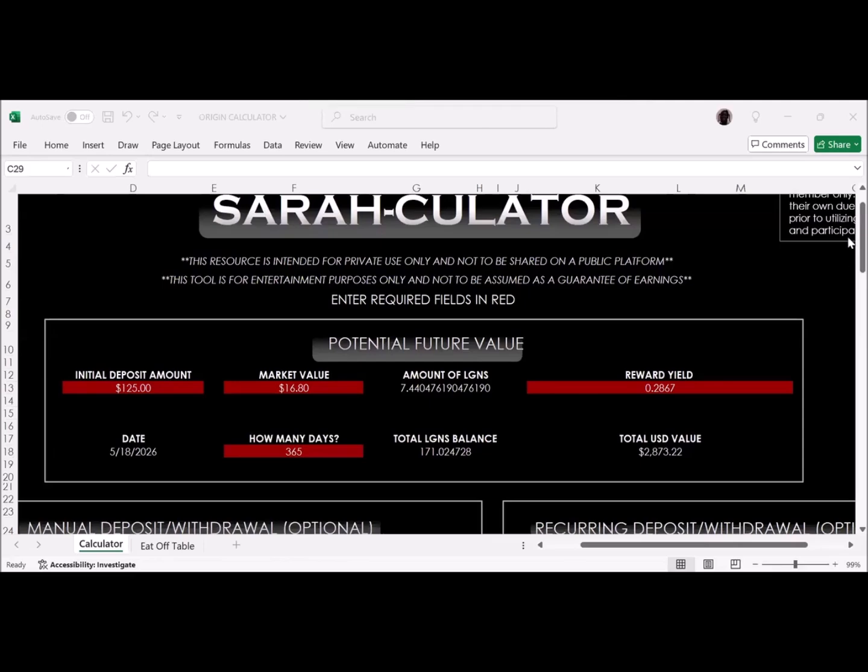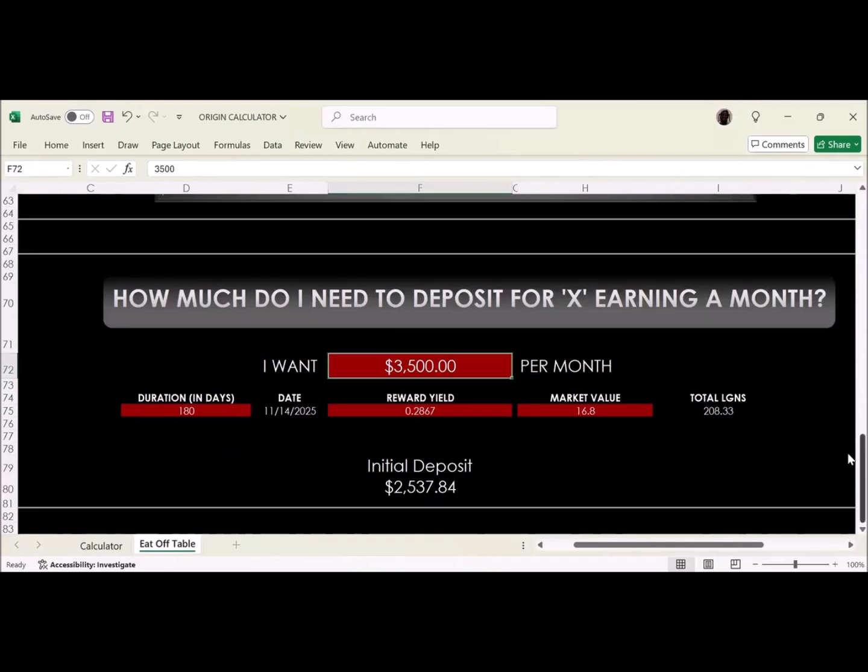All right. So we call this strategy, we call it eat off the table. So what is that? You have a deposit, and from the earnings, you're living off of that without ever touching the principal. So the first number I got was 3,500. So how much would you need to deposit here in order to cover your entire monthly budget of 3,500?